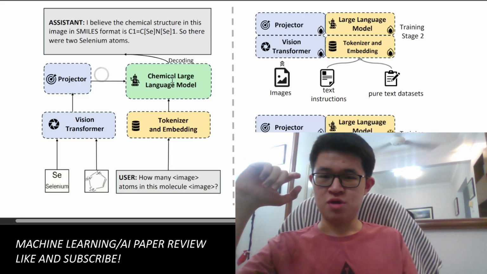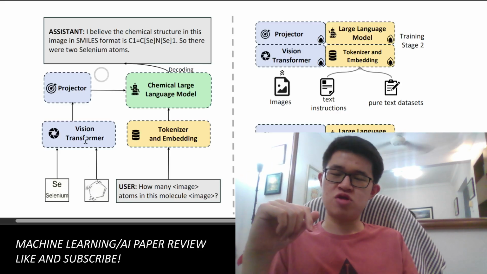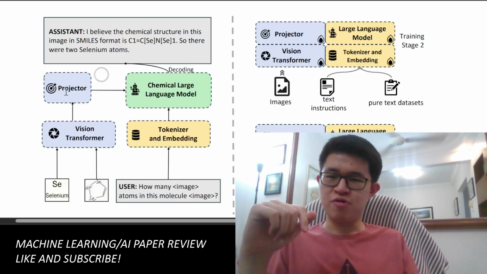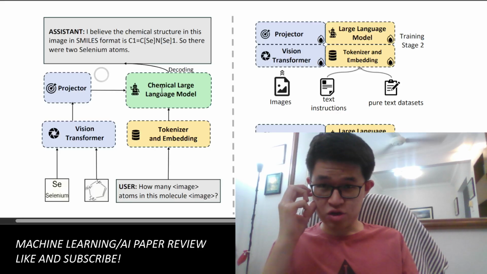You provide images to the vision transformer, feed the output embeddings into a projection network, and then feed the output of the projection into the large language model.